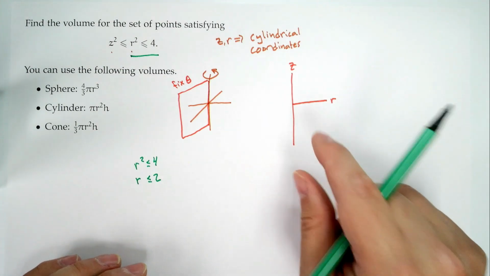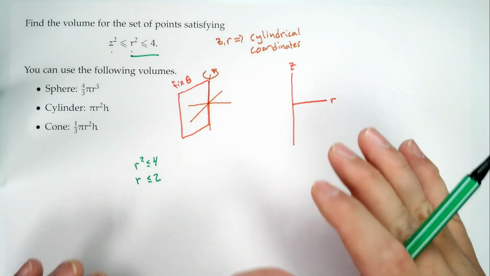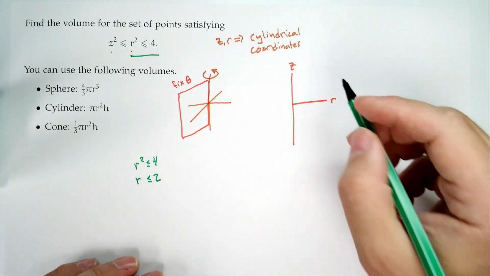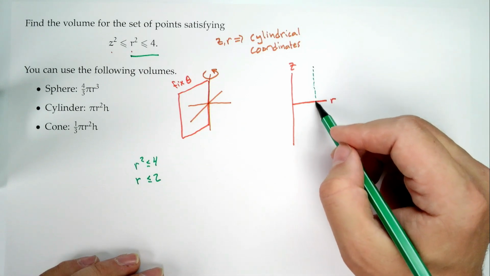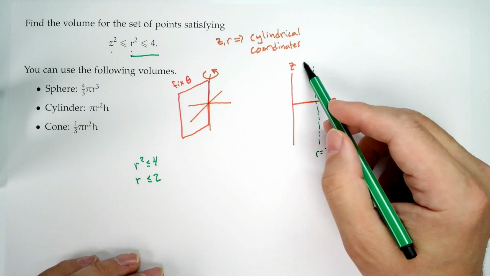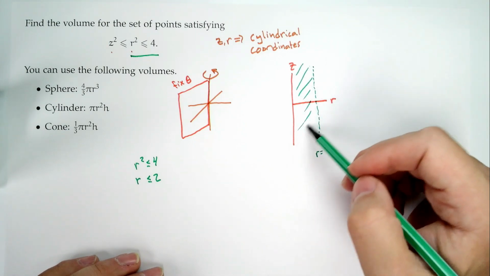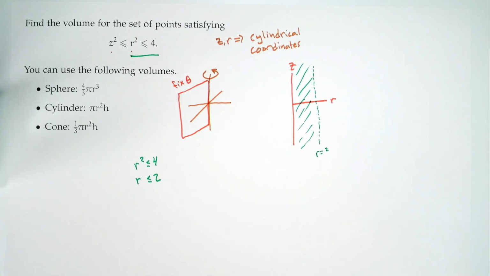But because we think of r as just saying how far we are from the z-axis, we always like to think of r as a positive value. So that means if I come over here and I draw r equals 2, our region has to lie inside of there somehow.